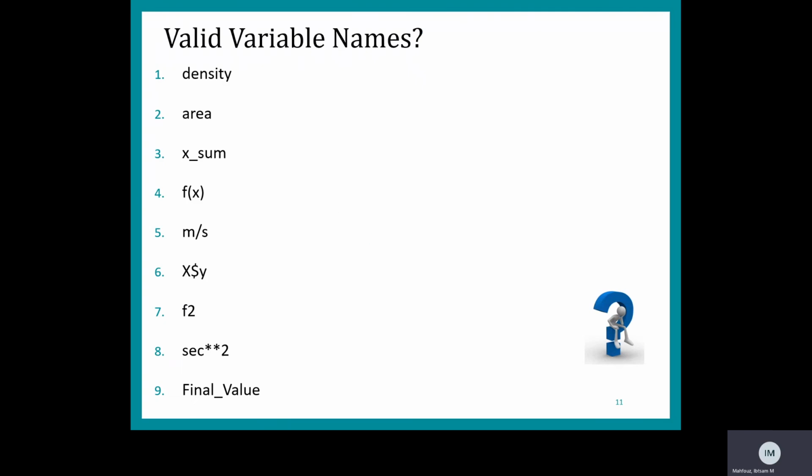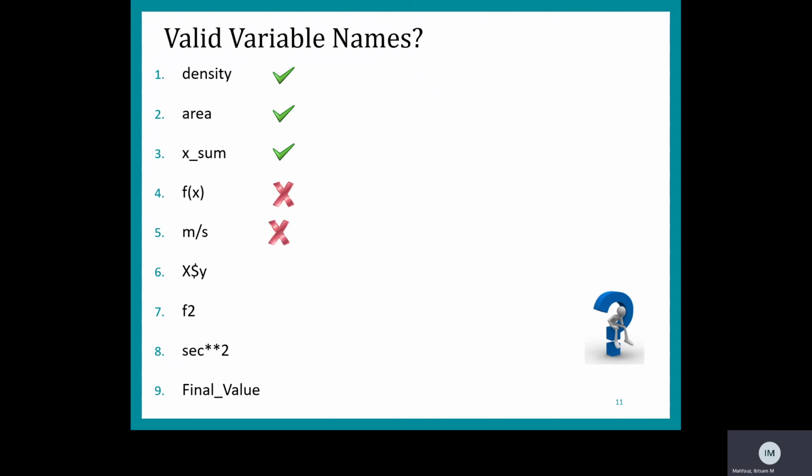So if we look at these variable names, density, that's a good name. Area, it's a good name, valid name. X underscore sum, valid. F parentheses X, that is not a valid name because parentheses have a special meaning in Python. We use them around what we're printing or what we're asking the type of. So parentheses are not valid in variable names.